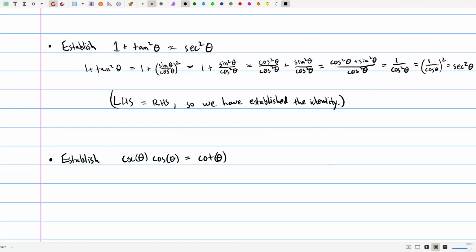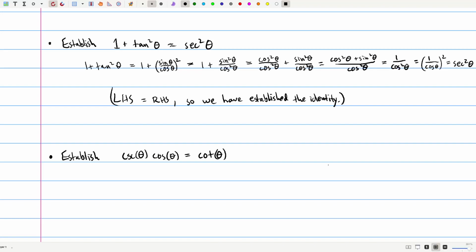Let's establish another identity. So we've got cosecant of theta times cosine of theta is equal to cotangent of theta. So let's recall that cosecant of theta is 1 over sine of theta, and cotangent of theta is cosine theta over sine theta.